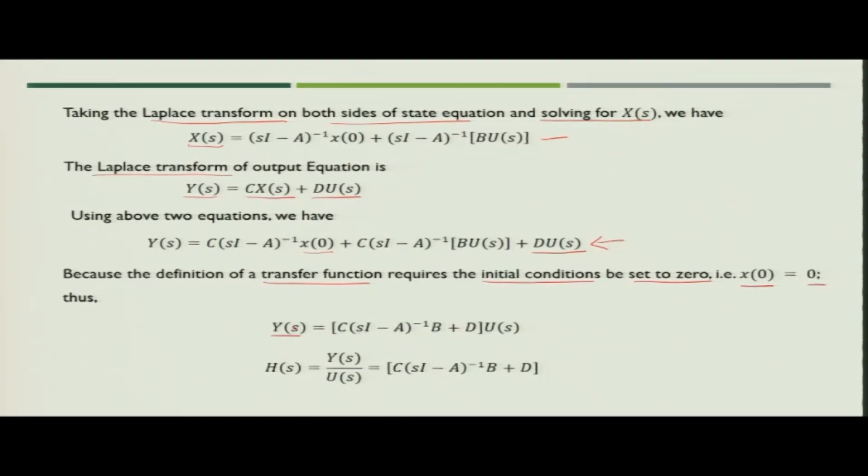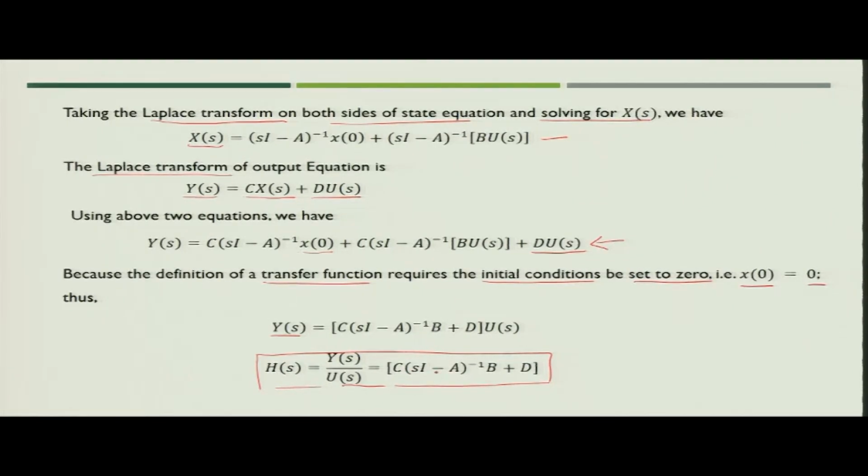And what is Y(s) by U(s)? Y(s) by U(s) is nothing but the ratio between output and input, which is nothing but the transfer function of the system. So, the transfer function now you get as C (sI minus A) inverse B plus D. This is the equation which defines the relationship between state equation and the transfer function.